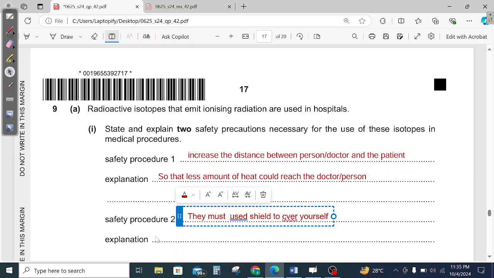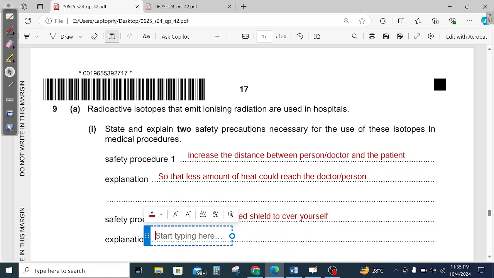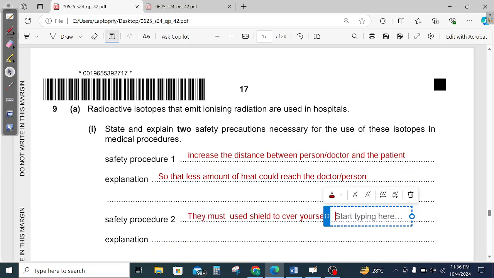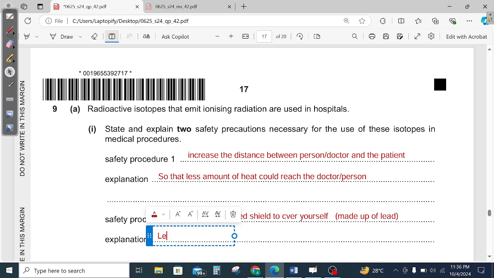The reason, so that the shield is made up of lead. Why do we use the lead? The lead lets absorb all radiations coming from the radioactive source. Is it clear?